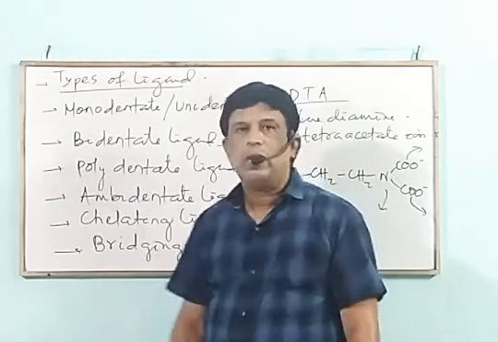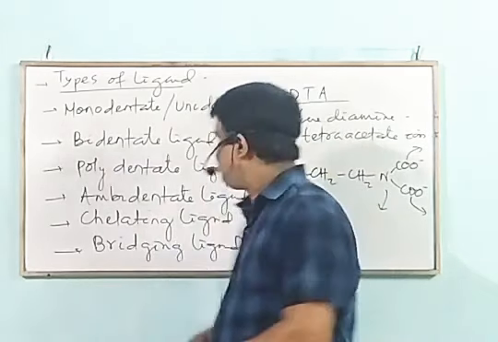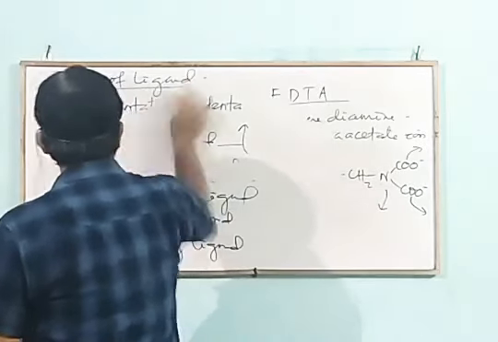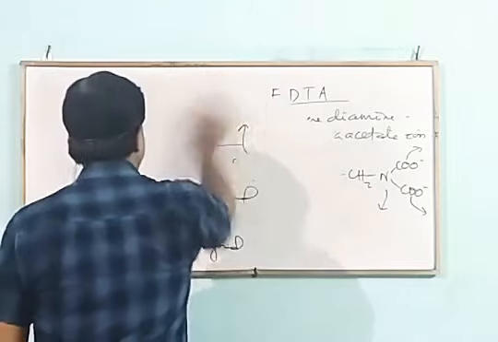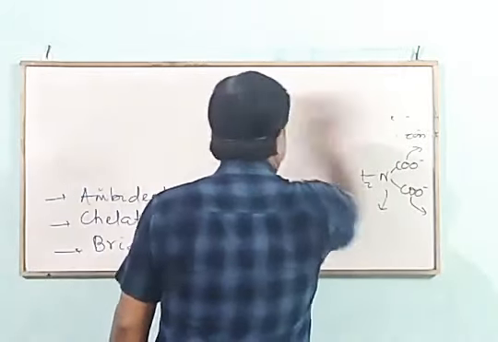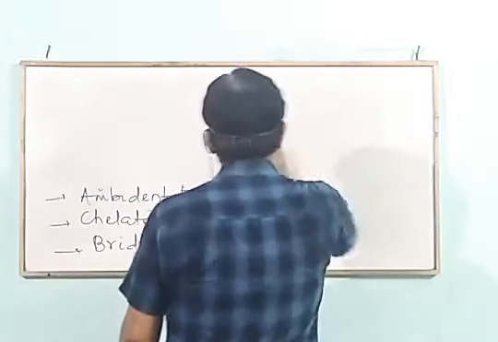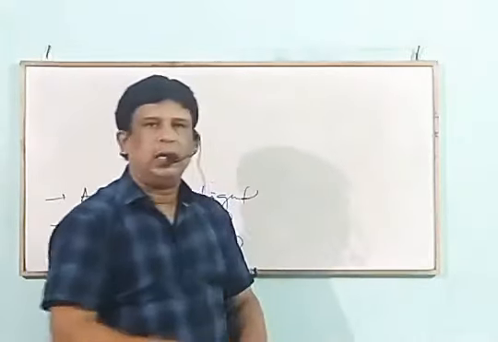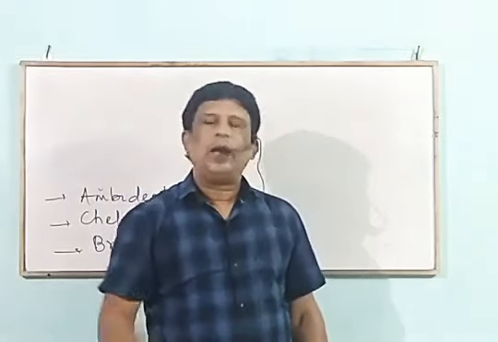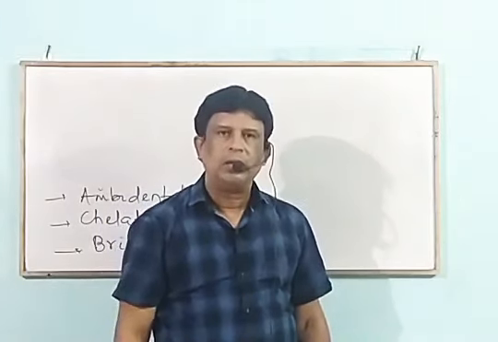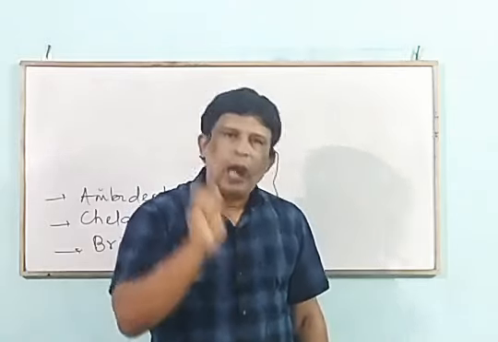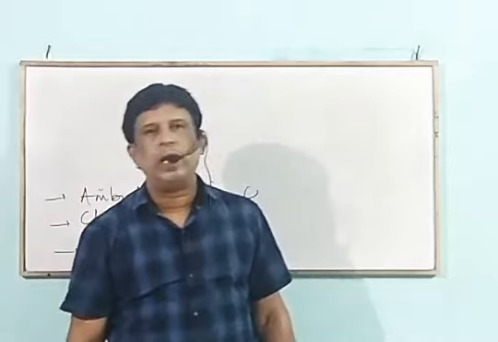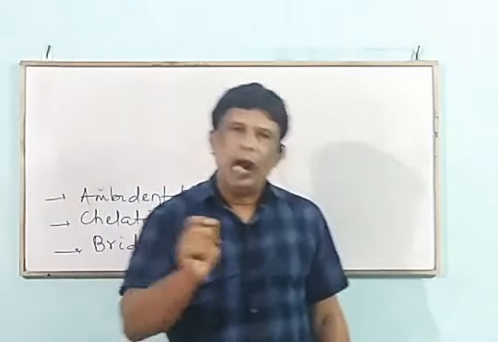Next we discuss the ambidentate ligand. What do we mean by ambidentate ligand? A ligand having two donor sites, but at a time only one donor atom donates a pair of electrons to the central metal ion forming a complex, is known as an ambidentate ligand.